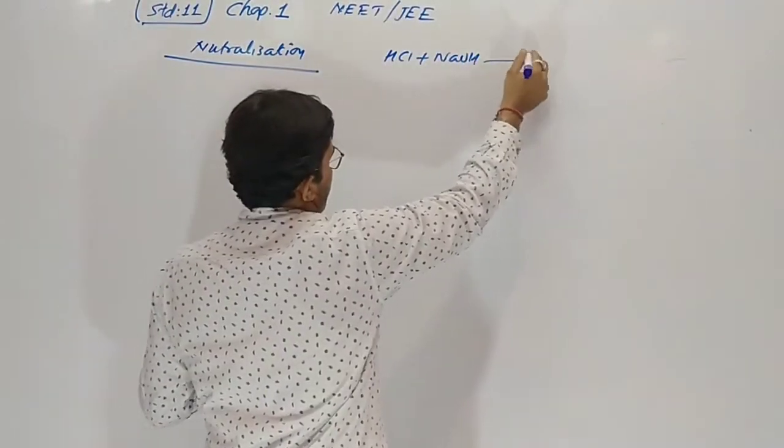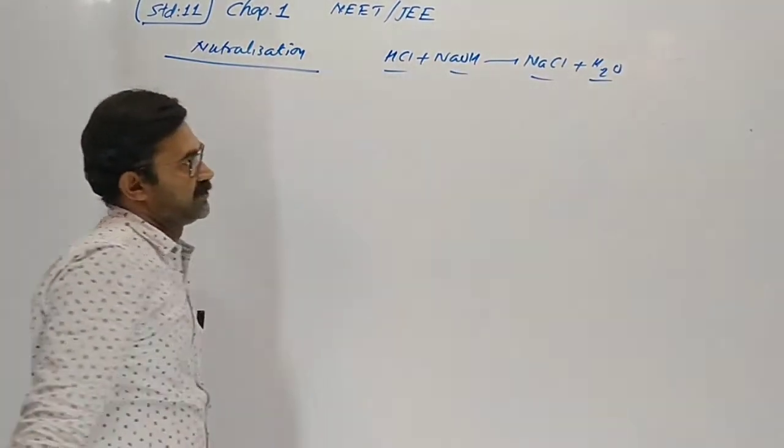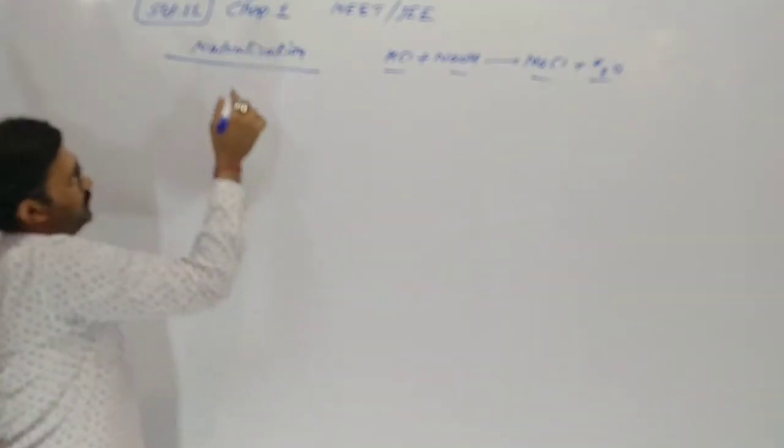Acid reacts with the base to give salt and water; that is neutralization. If molarity is given, we have to convert into normality first. Otherwise, the answer will be wrong.